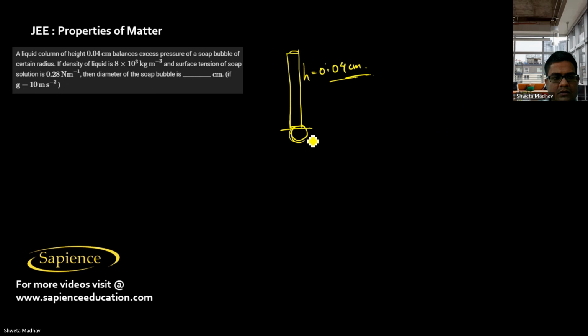Here the excess pressure is 4 T by R. Therefore here the excess pressure P will be equal to rho g h.